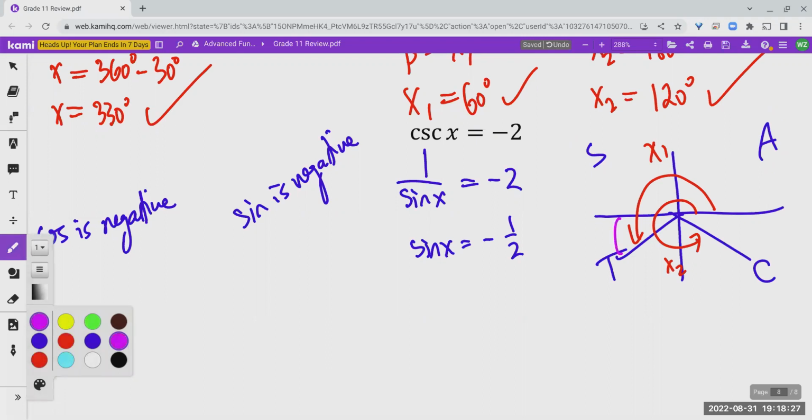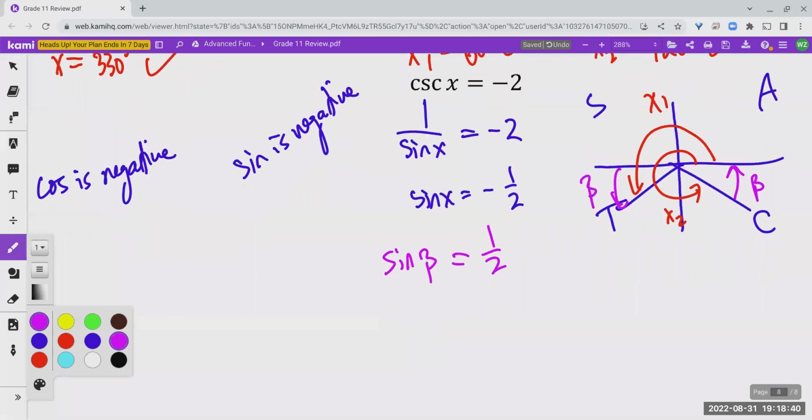Okay. Betas, where are my betas? So that is beta. That is beta. So sine of beta is positive half. Again, we just care about the triangle. We don't care about whether it's positive or negative. So that means beta is the arc sine of half. So beta is 30 degrees.